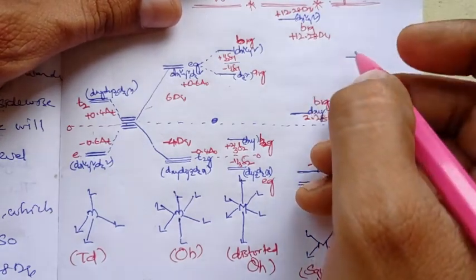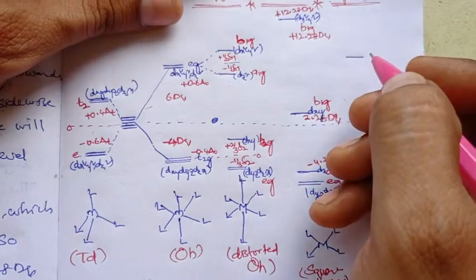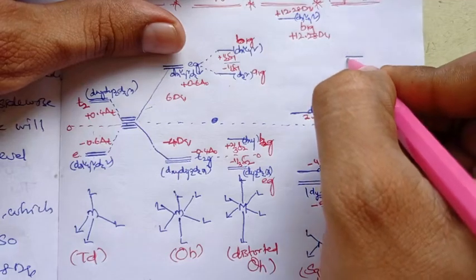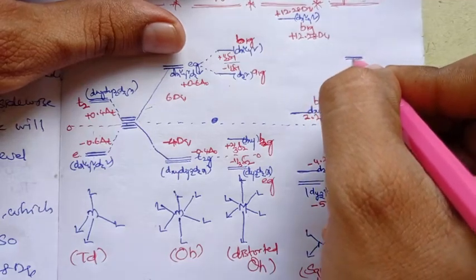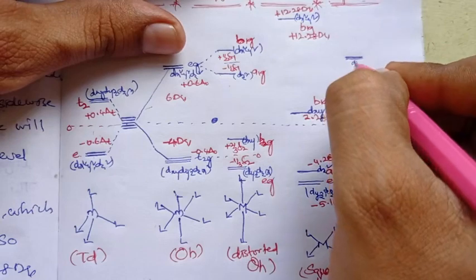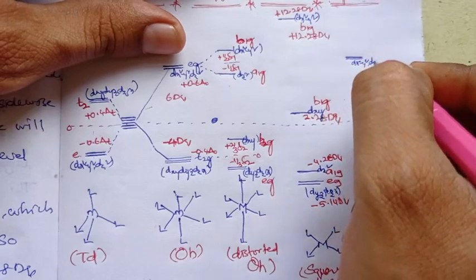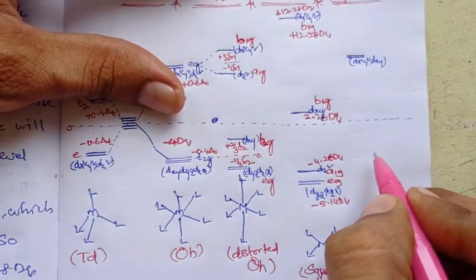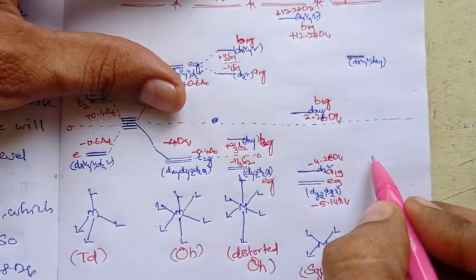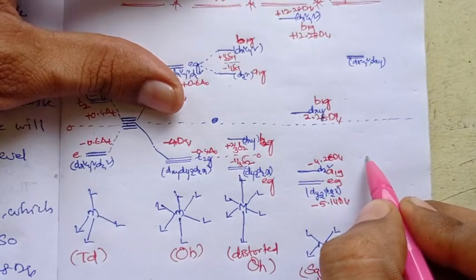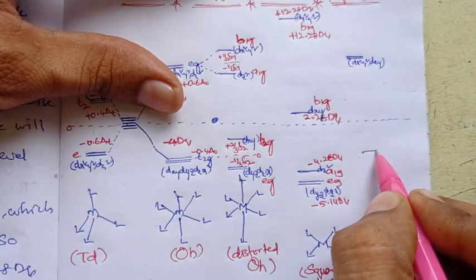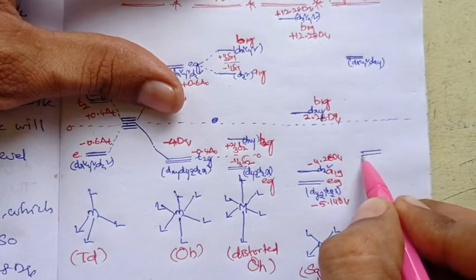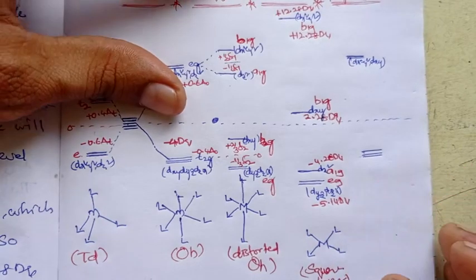One is the doubly degenerate state, which has the dx square minus y square and dxy. Then the other two are in lower energy states, where one will be a lower energy singly degenerate state and the other will be a doubly degenerate state, right?